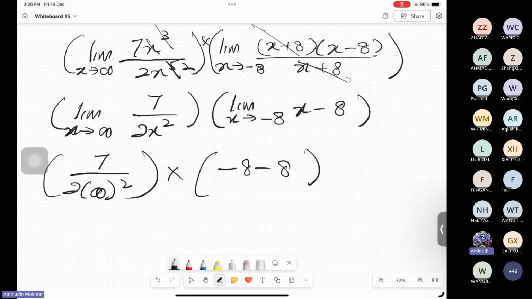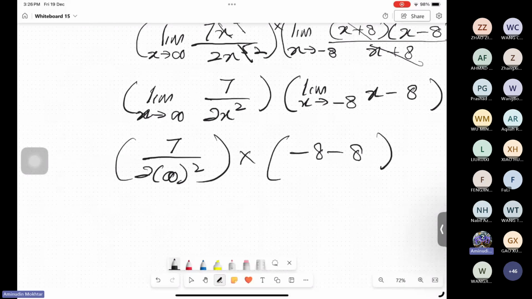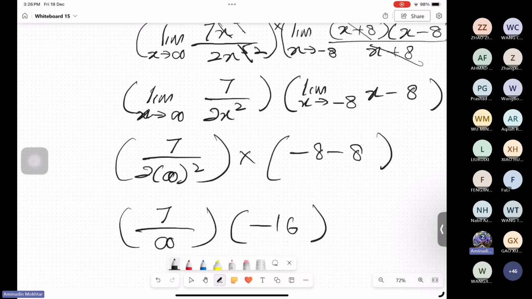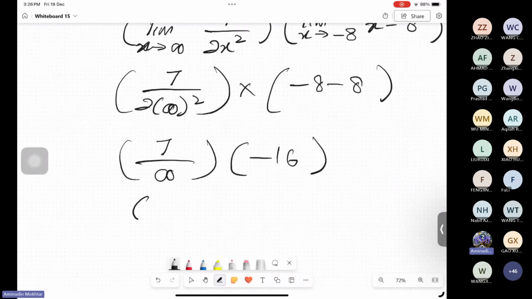In this case, 7 divided by 2 times infinity. The answer is, sorry, 7 divided by infinity, times negative 16. This part is 0.